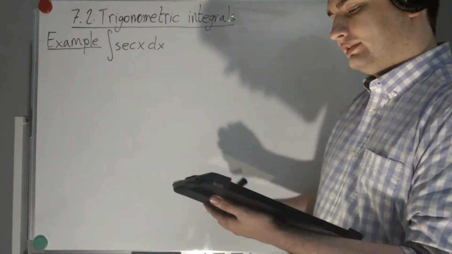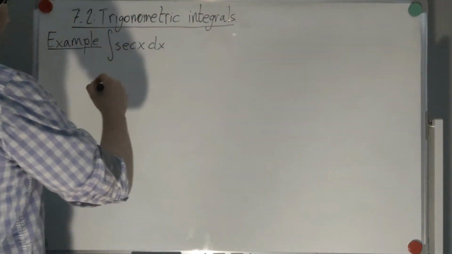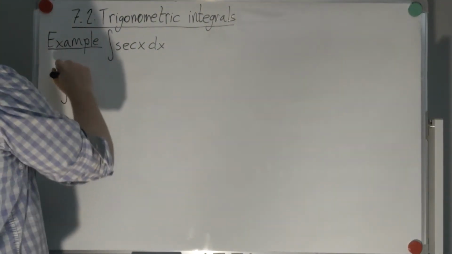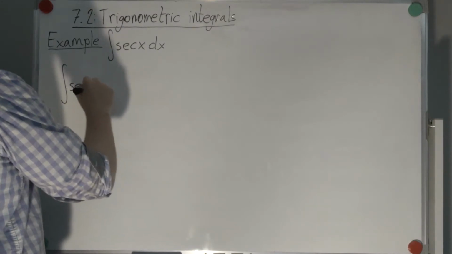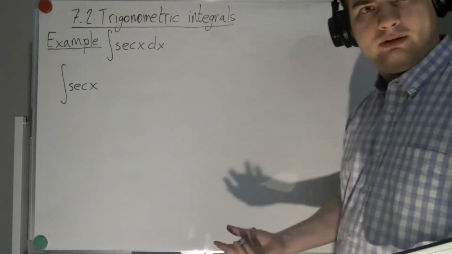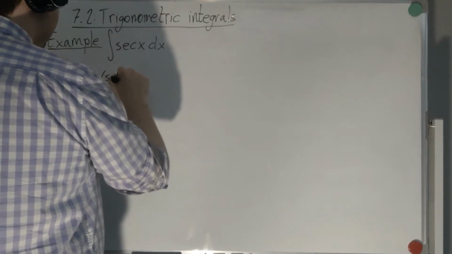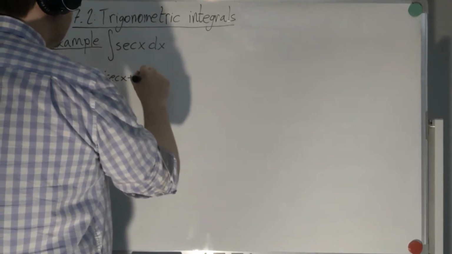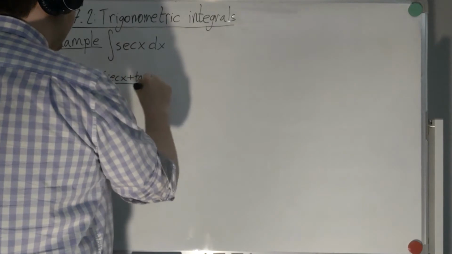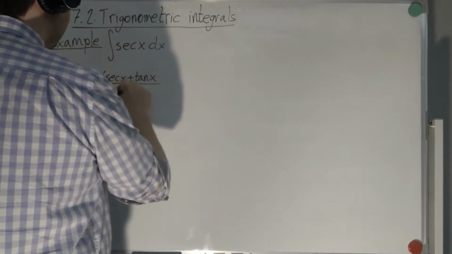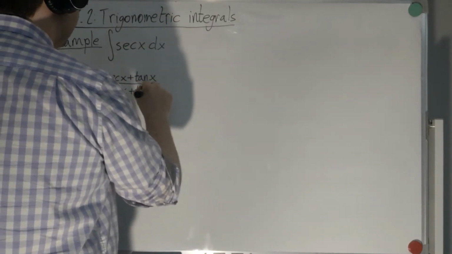What I'm going to do is I'm going to take the integrand here, and I'm going to multiply it by 1. A really weird way of writing 1. Okay? And that really weird way of writing 1 that I'm going to select is secant x plus tangent x divided by secant x plus tangent x.